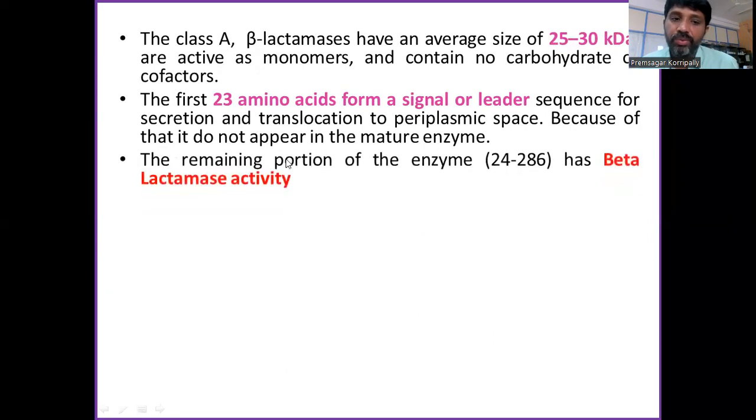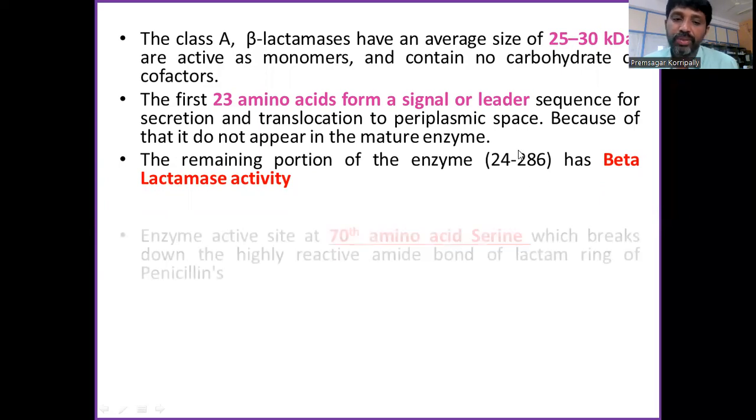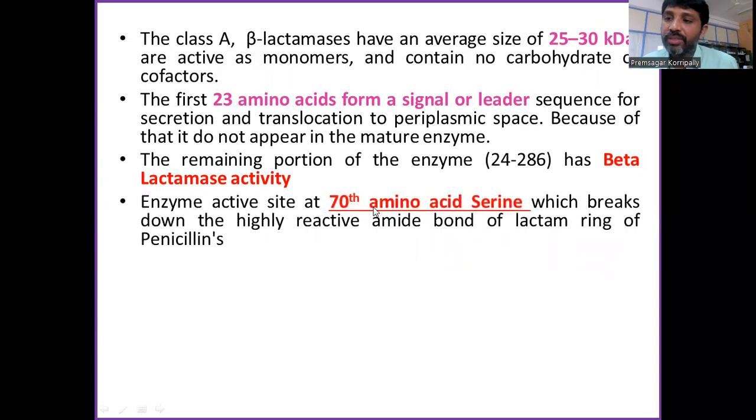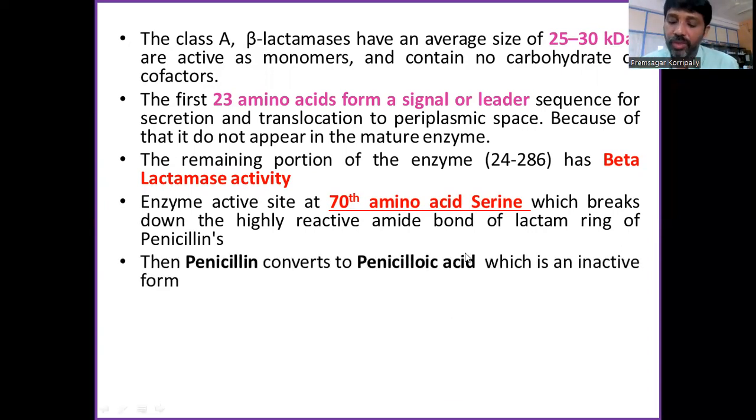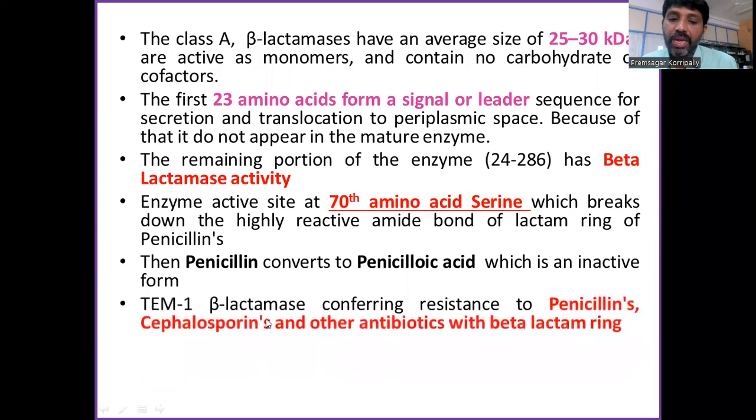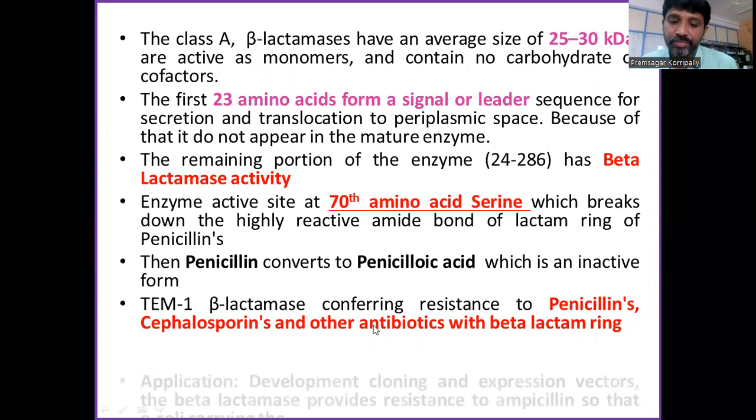The beta-lactamase activity is present in amino acids 24 to 286 only. The active site consists of serine, which breaks down the beta-lactam amide bond and converts the penicillin to penicillic acid. And it provides resistance towards penicillins, cephalosporins, and other antibiotics with the beta-lactam ring.